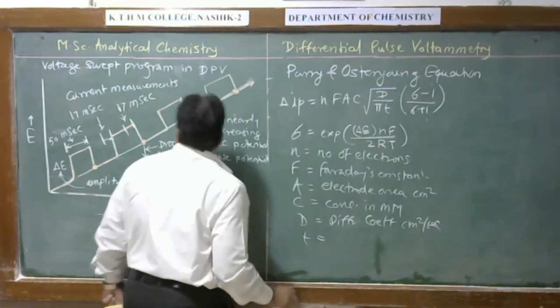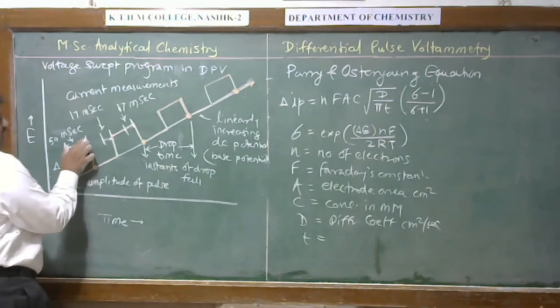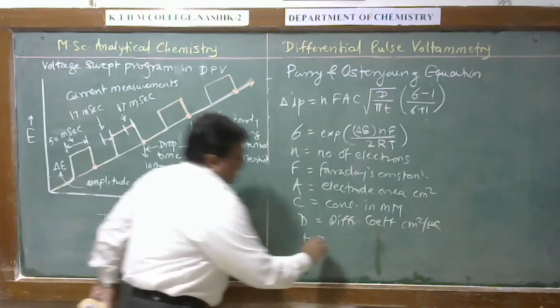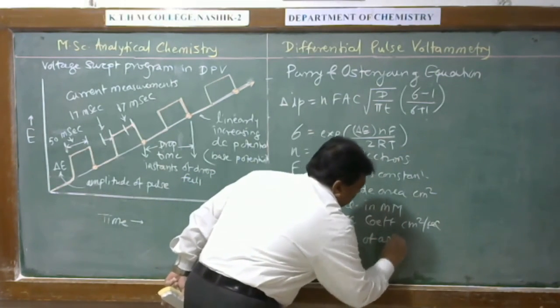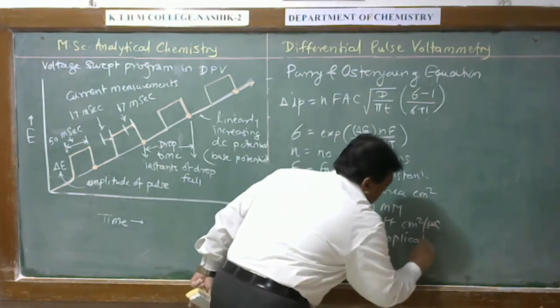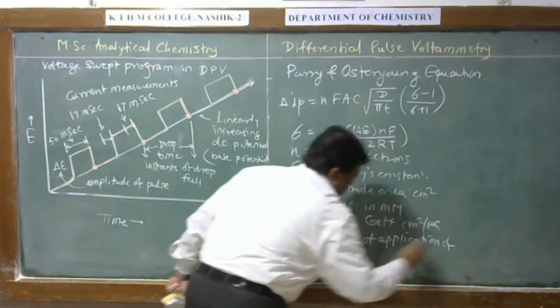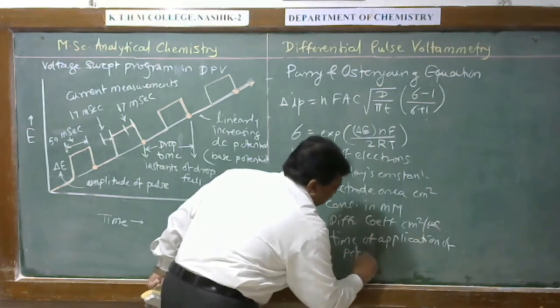T is the time, that is 50 milliseconds, the time of application of the potential pulse.